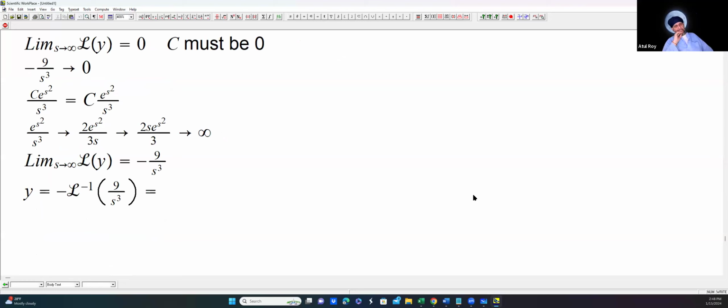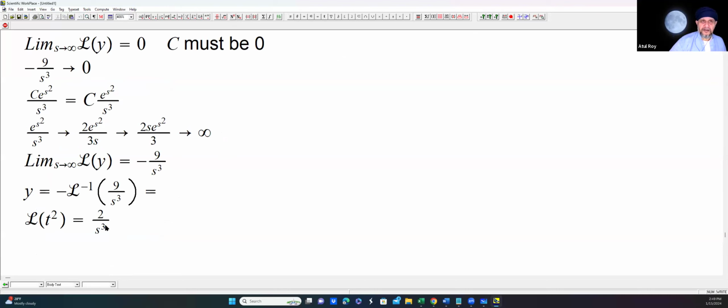So what happens? Laplace transform of t square was how much? 2 over s cube, if you remember, right? Or that table is just given to you. You don't have to memorize it, but you can see that this guy is 2 over s cube, right?